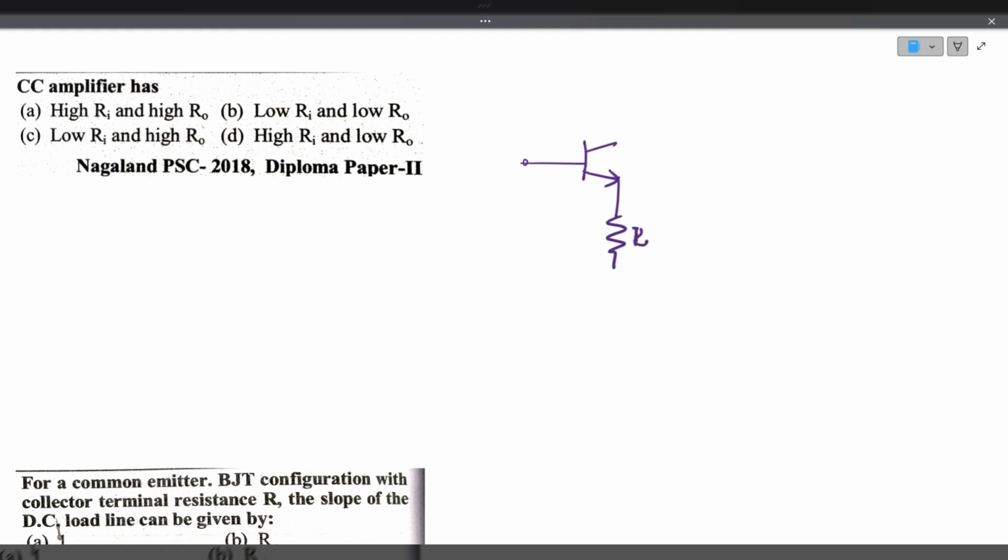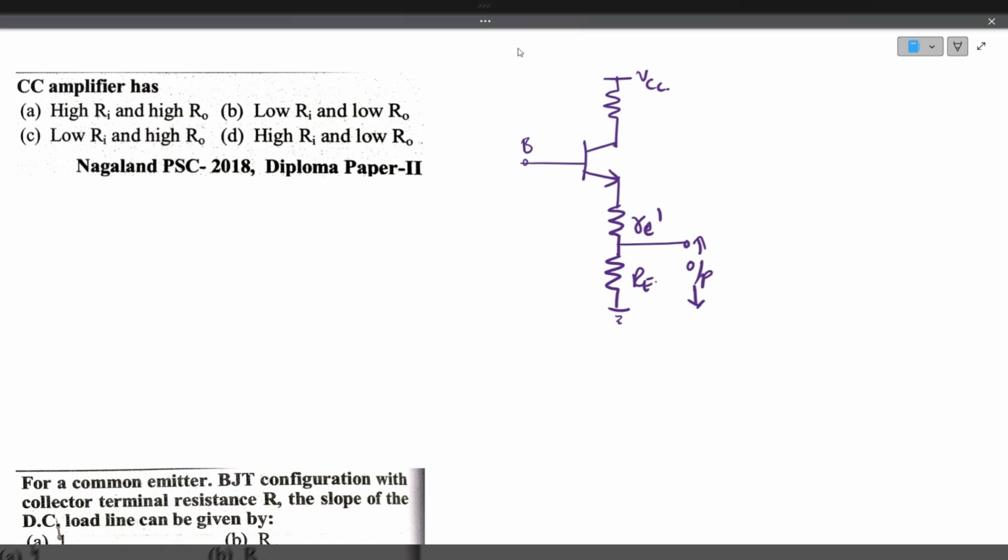Emitter will have the RE, emitter resistance, but there is a small internal resistance also, that is RE dash, emitter model resistance. And there is a capital RE whose value is very high. Output is taken across here. This is base and this is collector. This is the basic model of the common collector amplifier.